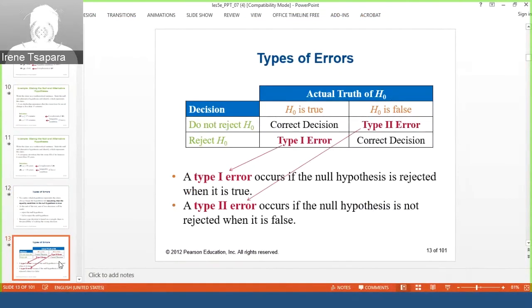So this means that we have two types of errors. Either the null hypothesis is true and we reject the null hypothesis, and in this case we have a type 1 error, or the null hypothesis is false, but we do not reject it. In this case, we have a type 2 error.